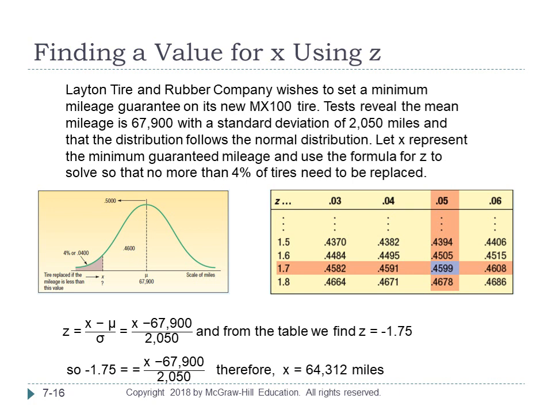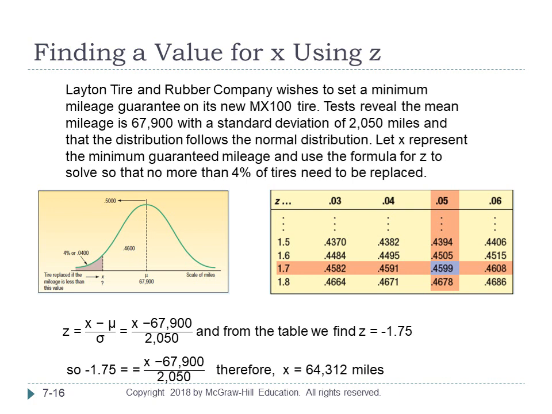By the way, the table told us Z is equal to 1.75, but we know it's a negative value, and the table gives you the positive value. But it is very clear from the drawing, and we should take the negative value. Now the Z value is minus 1.75. Substitute that value for Z: minus 1.75 is equal to X minus 67,900 divided by 2050.